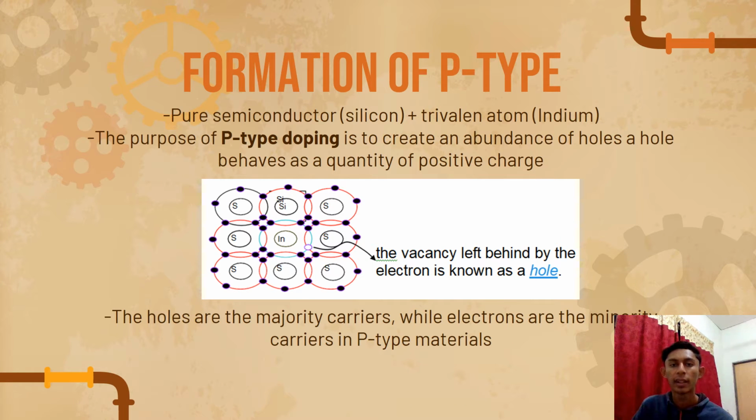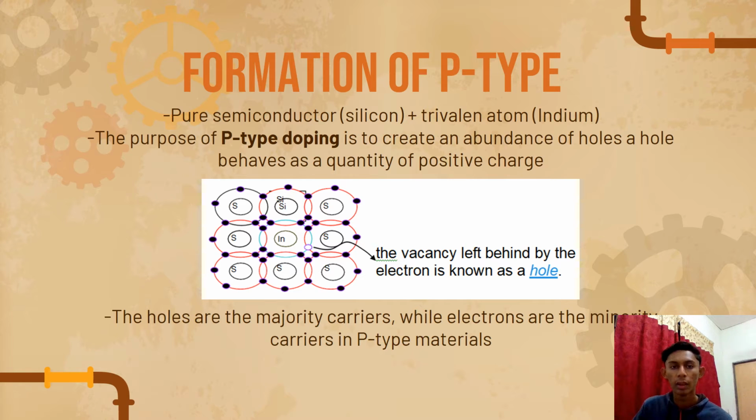Formation of P-type. Pure semiconductor, in bracket silicon plus trivalent atom, in bracket indium. The purpose of P-type doping is to create an abundance of holes.